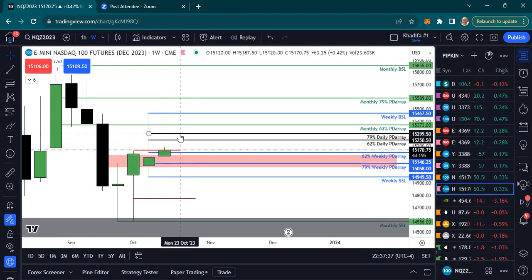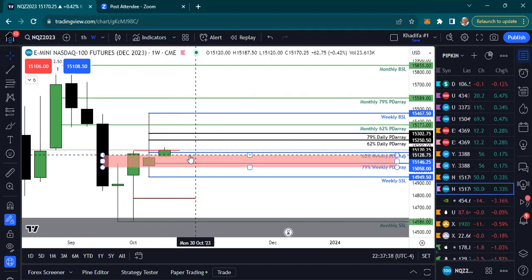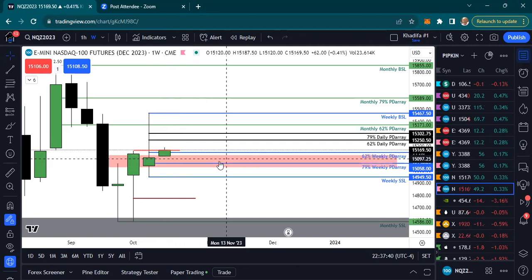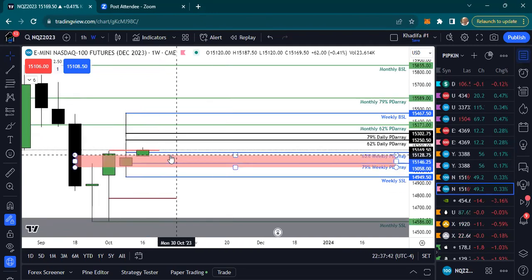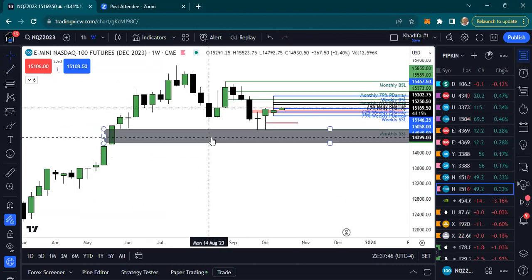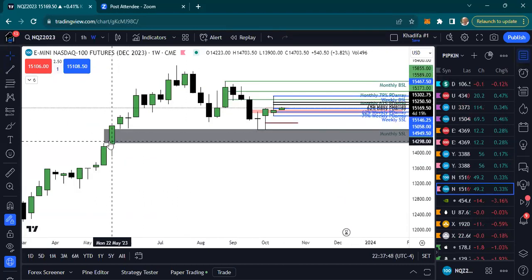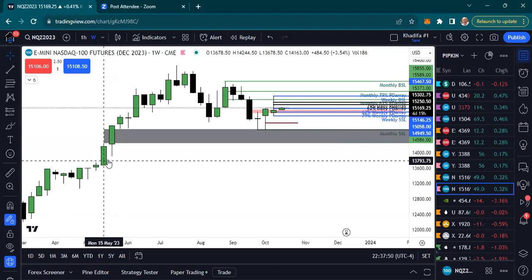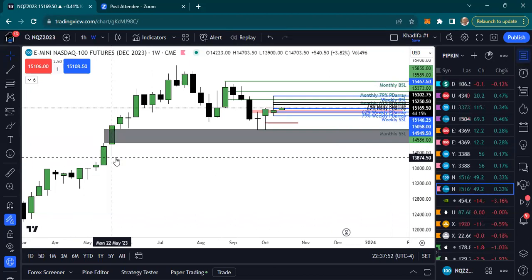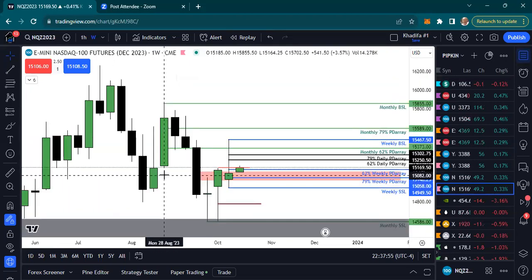And once we break below the weekly discount PD array levels, then I will be expecting those levels to inverse and act as inverse PD array levels, giving me the opportunity to short at those levels down into this weekly fair value gap here and potentially this weekly fair value gap here that we see to the downside.